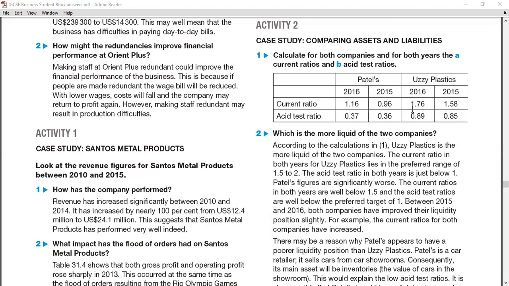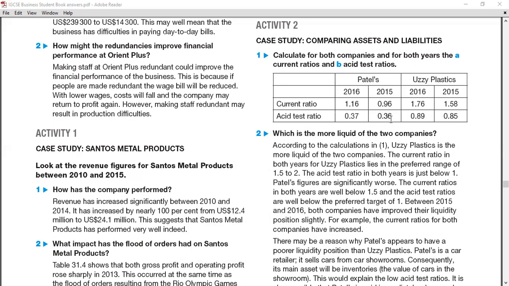But look at the other one, the acid test ratio. I told you 1:1 is the best, and above 0.75 is satisfactory. USI Plastic is maintaining over the satisfactory level, improving from 0.85 to 0.89, which is okay above 0.75. But Patel has gone down dangerously.